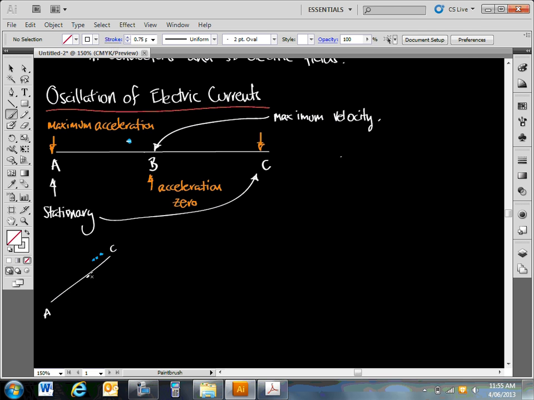You can think of an electric field. Actually, I'll do it this way, in the same plane as the original wire.